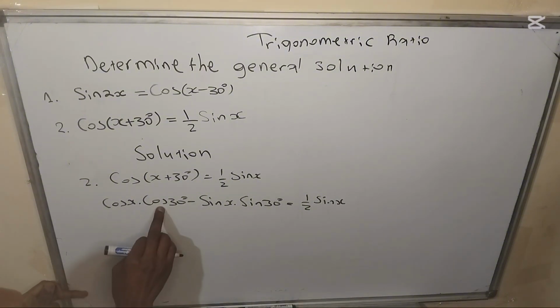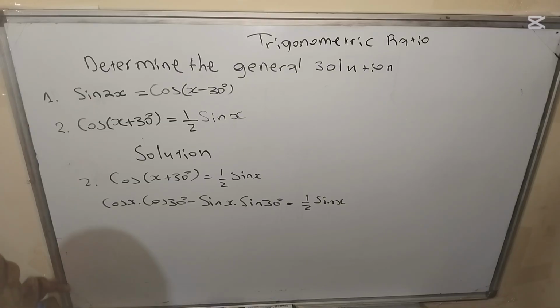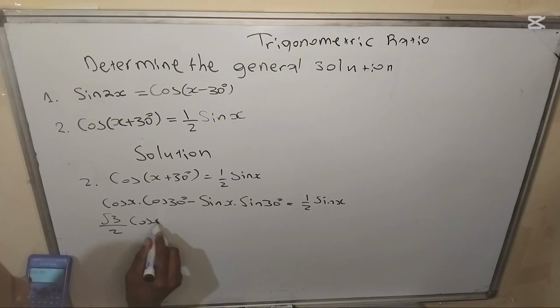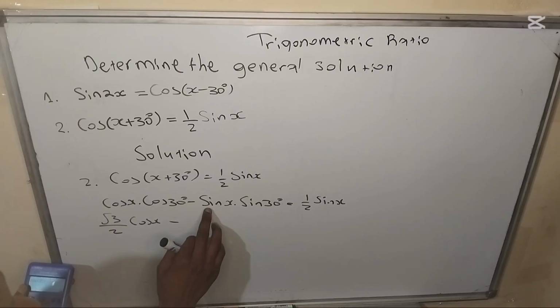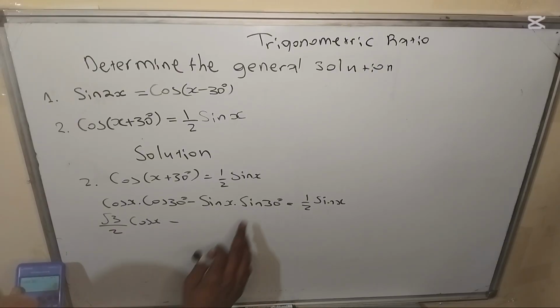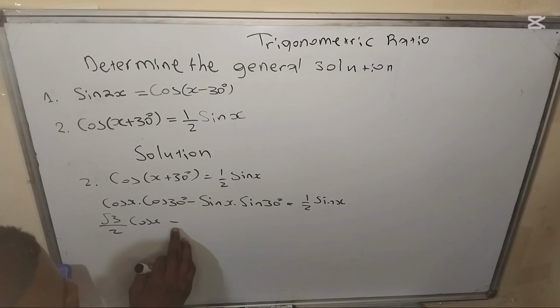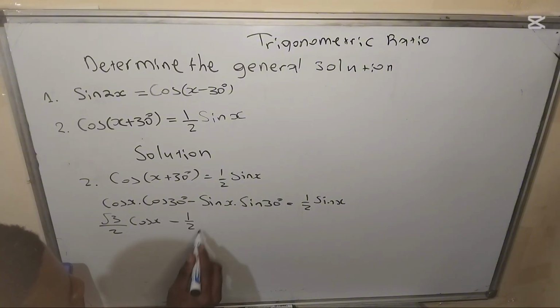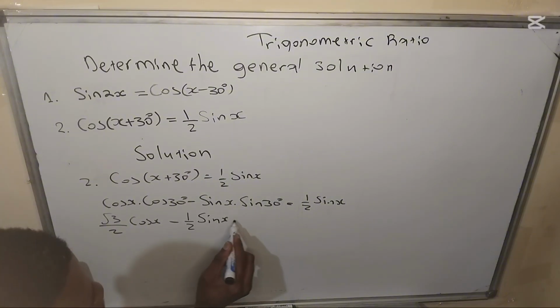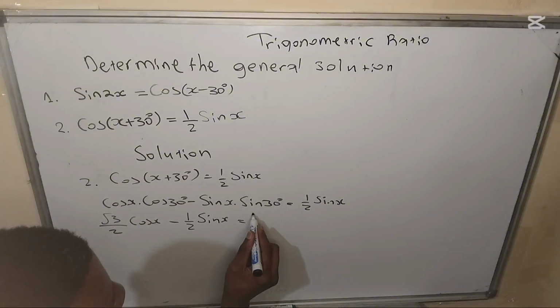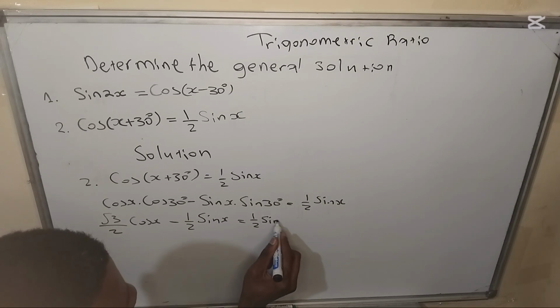Then punch cos 30 degrees on your calculator. We have cos x multiplied by cos 30 degrees, which is equal to root 3 over 2 cos x. Then punch sine 30 degrees, which is equal to half. So we have negative half sine x, which is equal to half sine x.